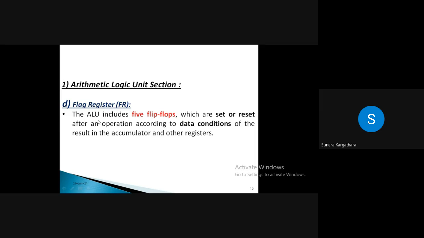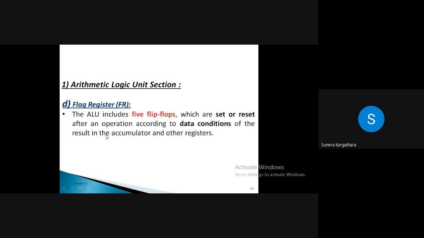So in the ALU, after performing an arithmetic or logical operation, you will get your result. Once you find your result, the status of your result, whether it is positive, negative, zero or non-zero, whether it has a carry or not, all this status you can check through the flag register, right?